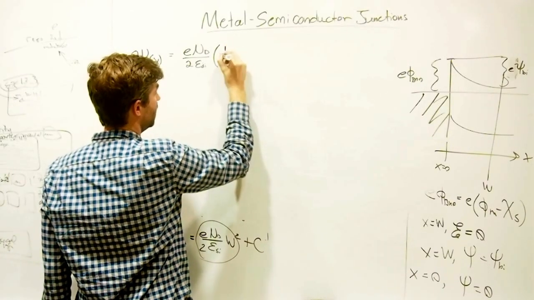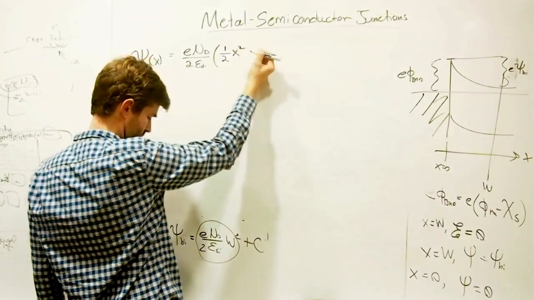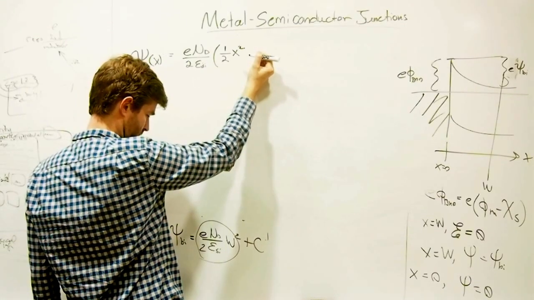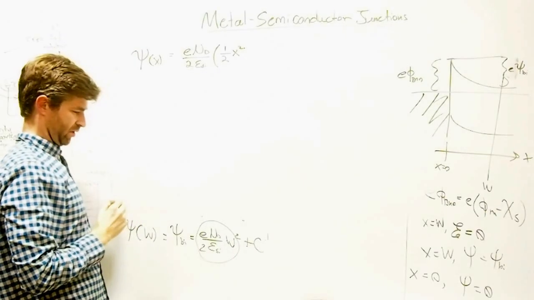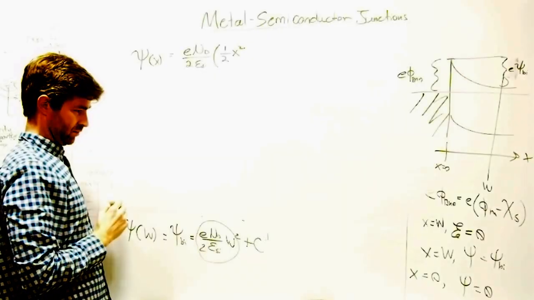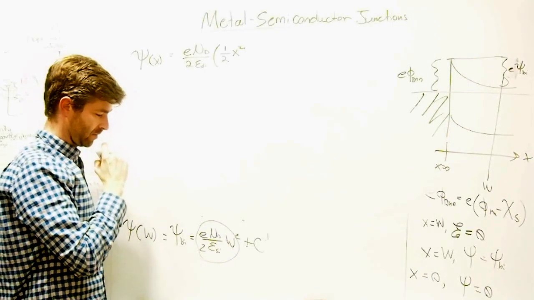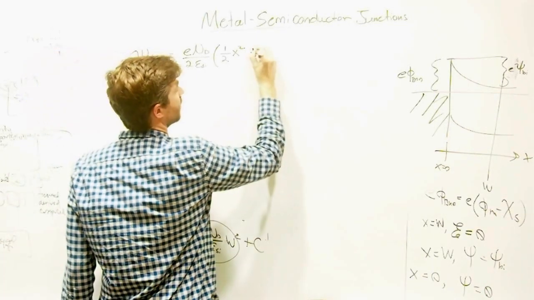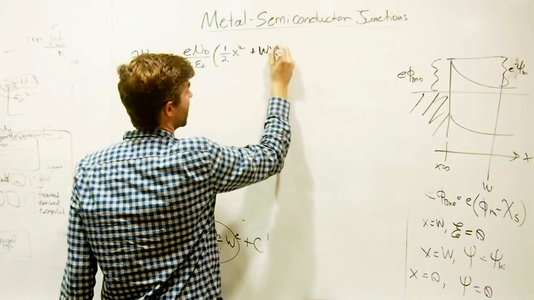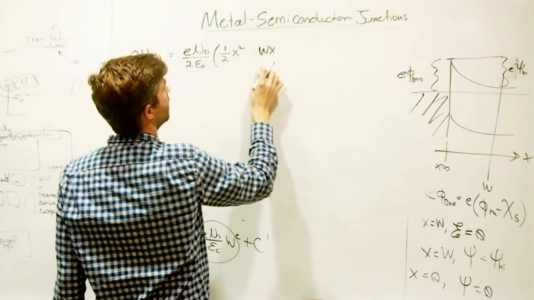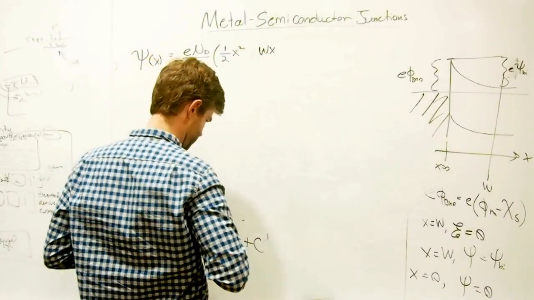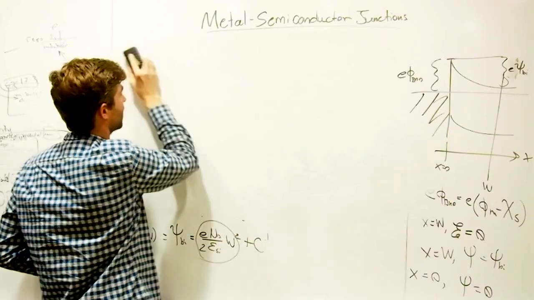Let me think here, make sure that's right. I think I erased a little bit too much too fast. Let's backtrack here just a second. What did we have before?